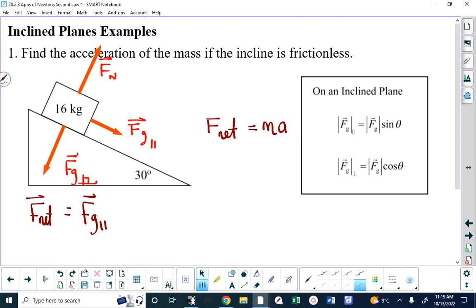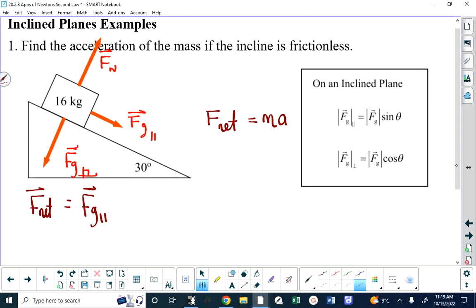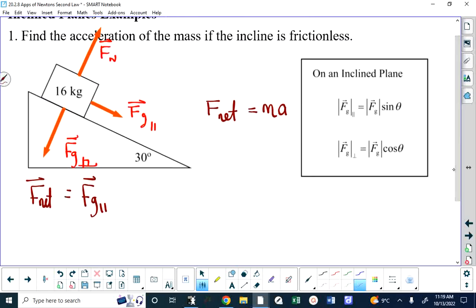I'm going to write something out here that you don't need to write out. I know that the net force equals all of the forces added together: the normal force plus the force of gravity perpendicular to the plane plus the force of gravity parallel to the plane. That's what net force means.